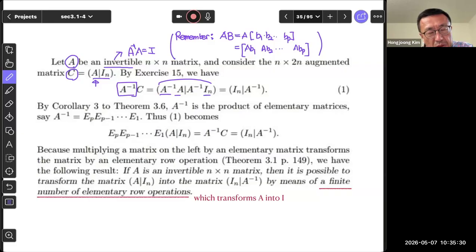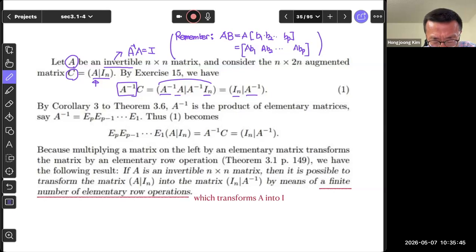Now, A inverse times A produces the identity matrix, and A inverse times the identity matrix produces A inverse, right? So what is the point here?